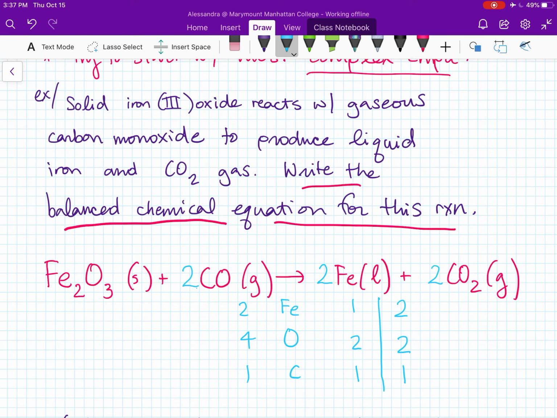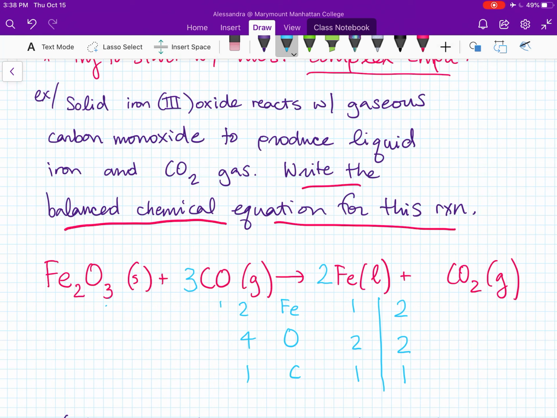And if I have a 2 there, then I have 2 plus 3 equals 5 oxygens on the left. So that's not going to work. I can't do it that way. I'm going to have to do something where I have an odd number of oxygens, because odd plus odd is going to give me an even number.